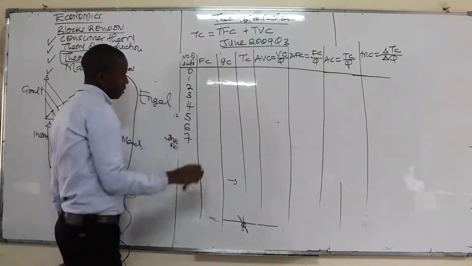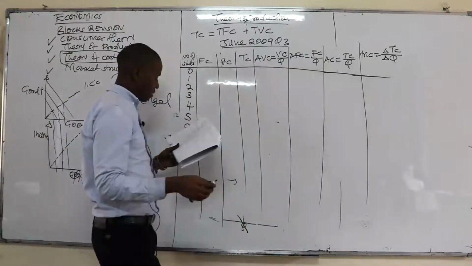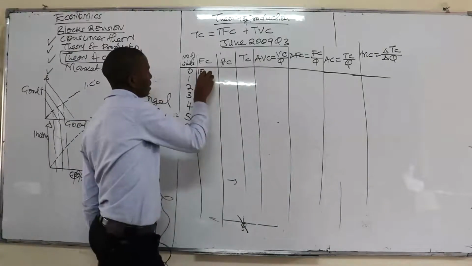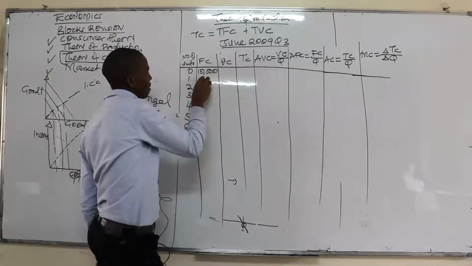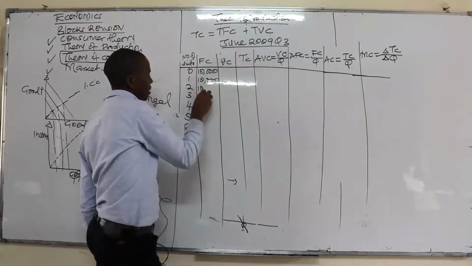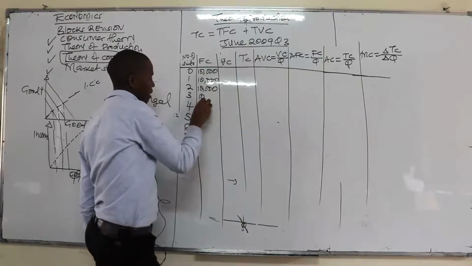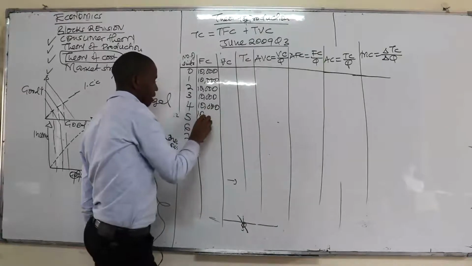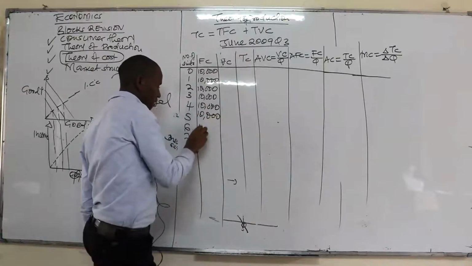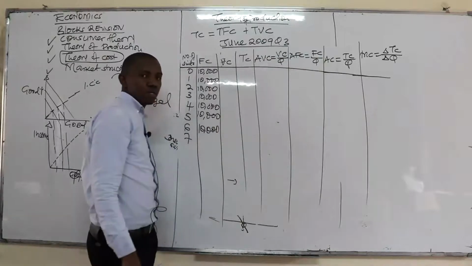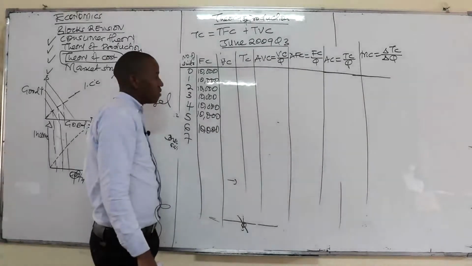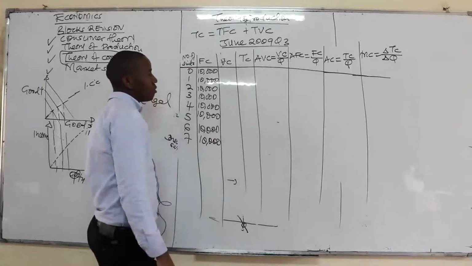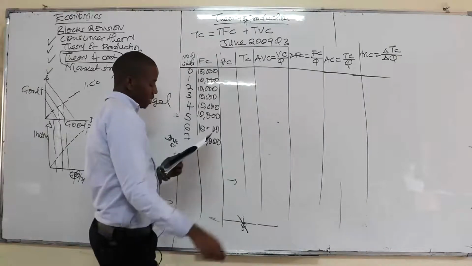The fixed cost we have been given as 10,000 for each. The variable cost at zero output is 0.